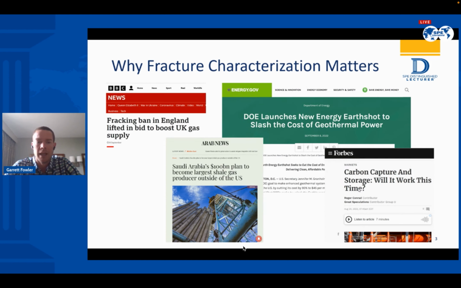In order to adequately engineer these systems, we need to understand how the rock is breaking, how these fractures grow, and how we can manipulate and engineer these systems to our advantage.